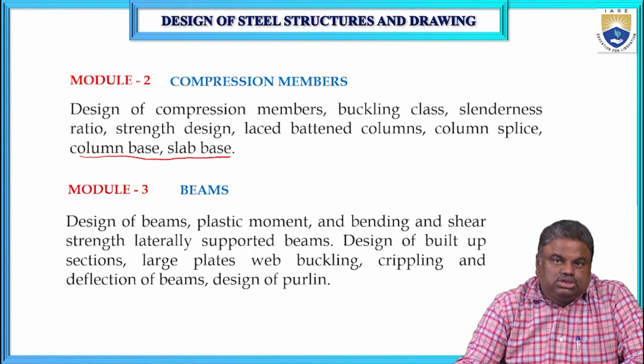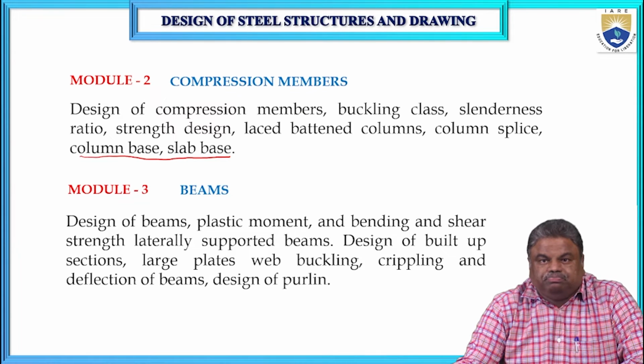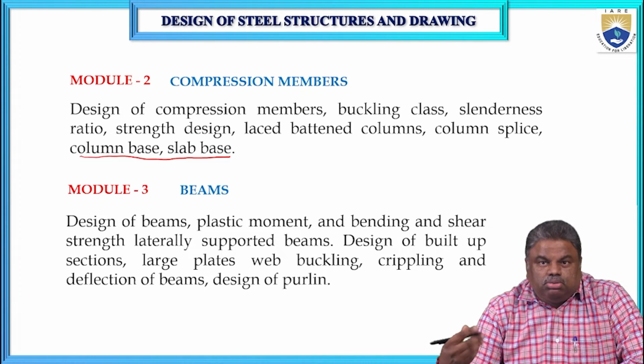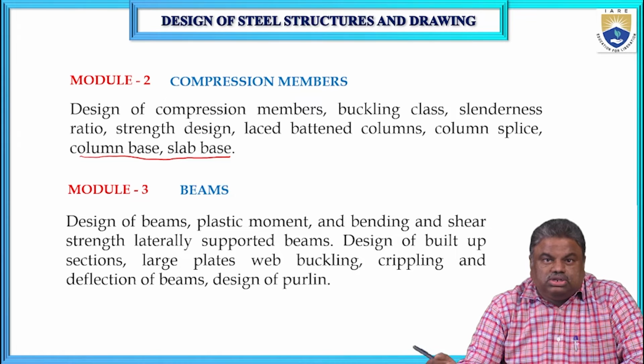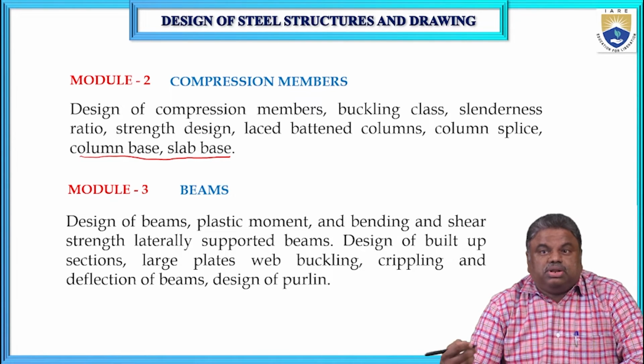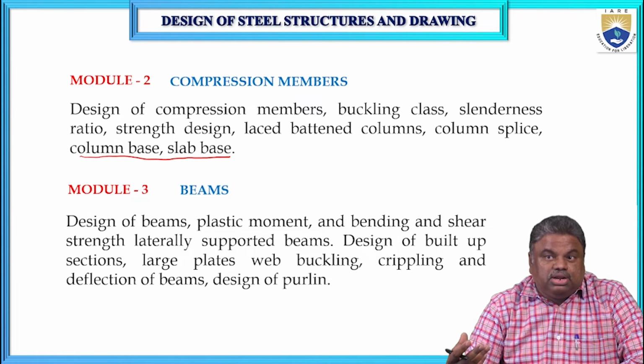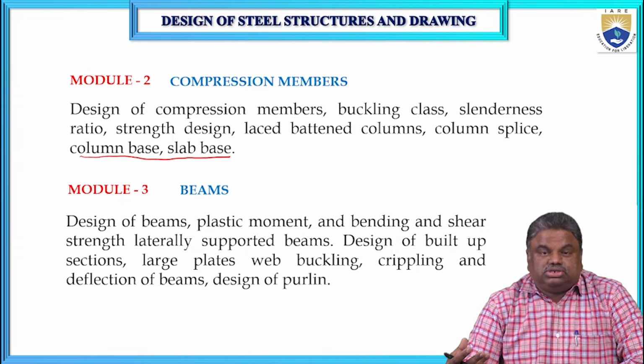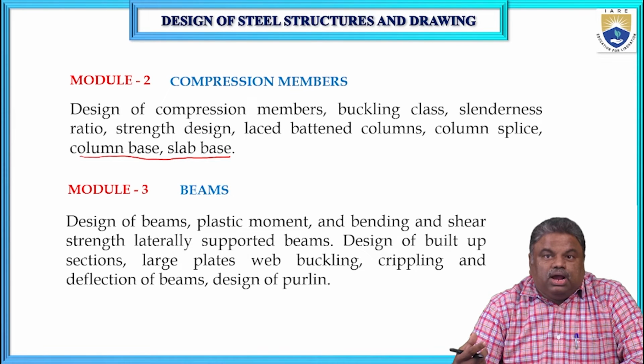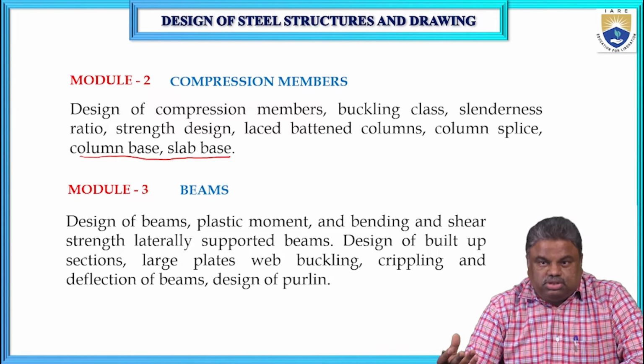And module 3 comprises beams. Here in module 3, we are going to see the different beams, how to design the beams, and how to calculate the plastic moment. What is the bending strength and the shear strength? What are laterally supported beams and laterally unsupported beams, and how to design those beams?